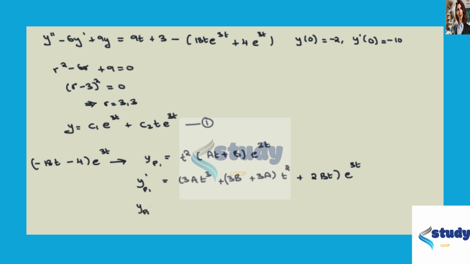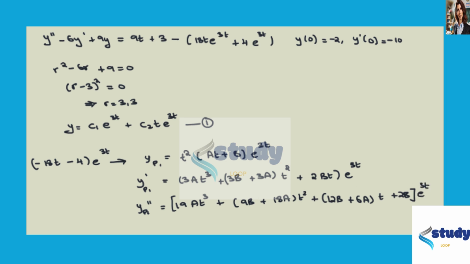Now differentiating this for the second time, we obtain (9a t cubed + (9b + 18a) t squared + (12b + 6a) t + 2b), and all of these terms are multiplied with e^(3t).